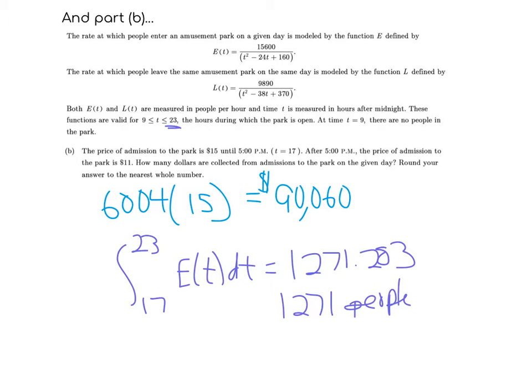So I'm going to take my 1271 and multiply by 11, right? So multiply that by 11, and then 1271 times 11, and that's 13,981.